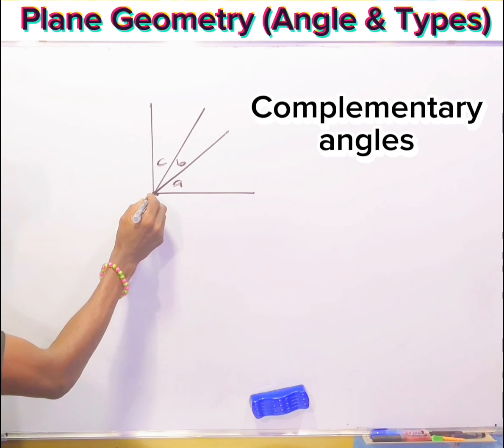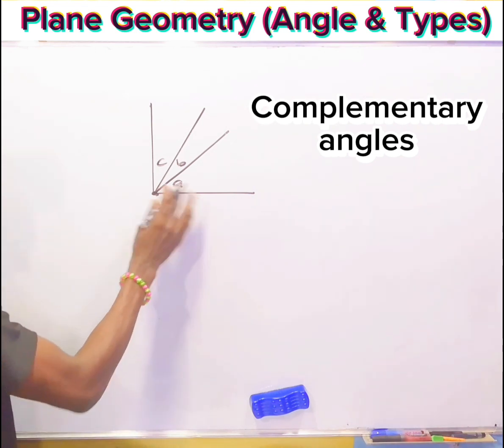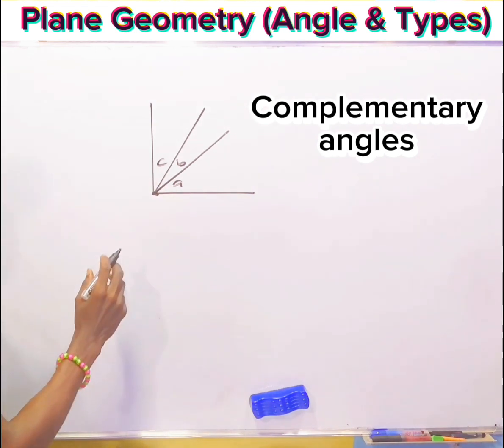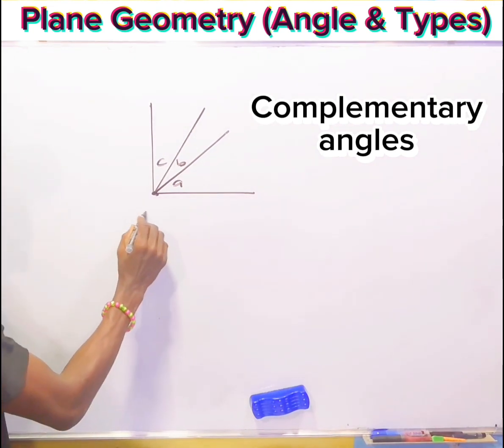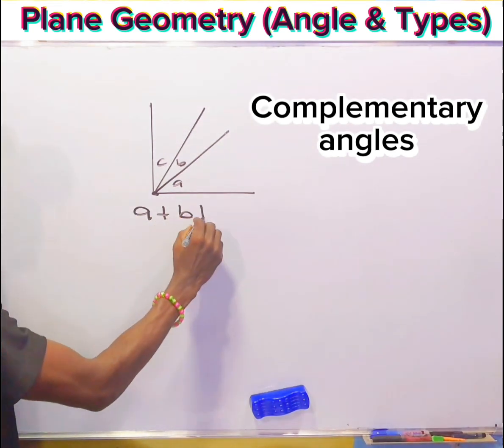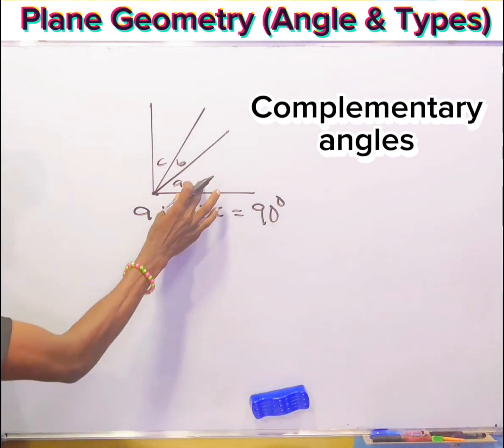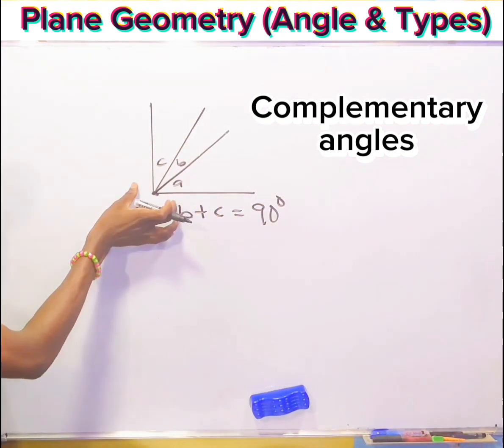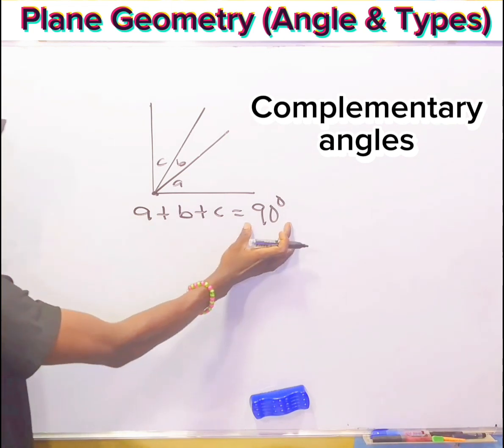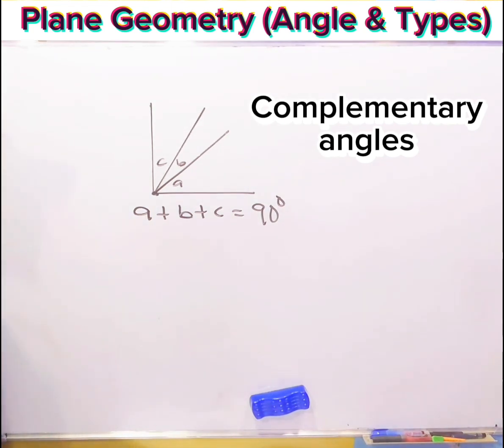They all meet at this point. So these angles are complementary if A plus B plus C is equal to 90 degrees, which is if we sum up the angles in this right angle and it gives us 90 degrees, we say they are complementary angles. All complementary angles sum up to give us 90 degrees.